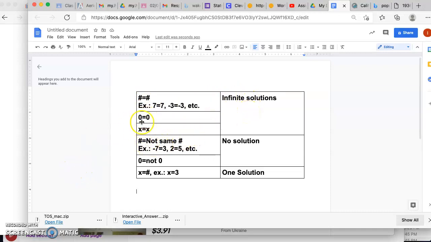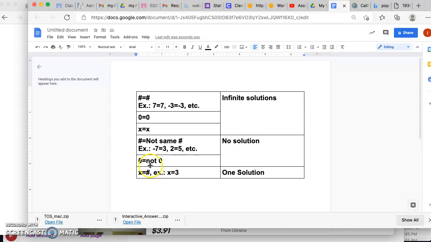Now, if on the other hand I have some number equals not the same number, like if my final line of my answer is -7 equals 3, or 2 equals 5, or anything like that, or if I have 0 equals anything but 0, my final answer is no solution. There's no possible value for x that's going to solve that problem.